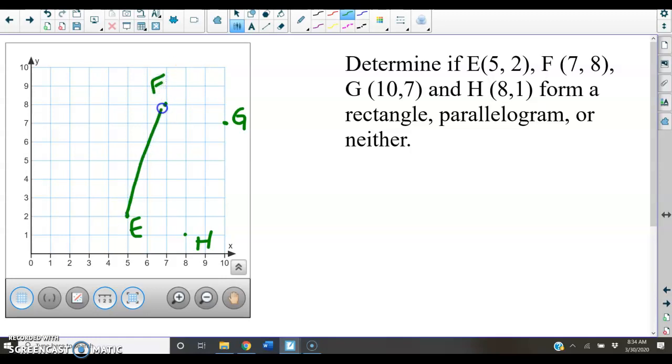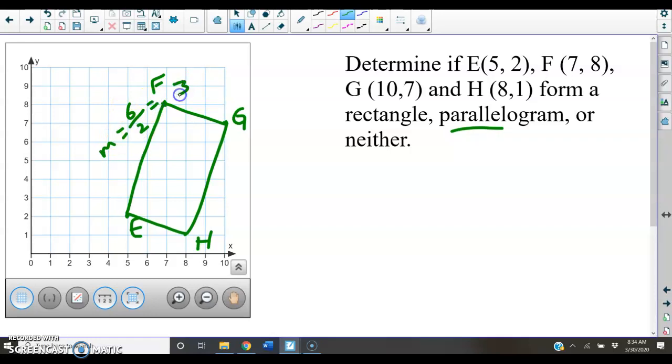Well, opposite sides are definitely parallel. We need to determine if the angles are right angles or if the diagonals are congruent. So it's already a parallelogram. Okay, so this one we went up 6 over 2.